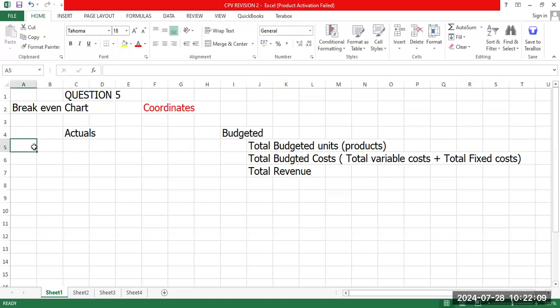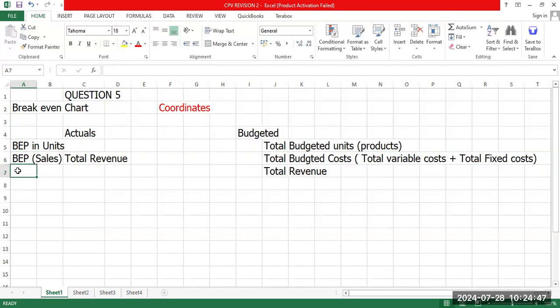Same applies this side. For actuals now, the information you're interested in is, number one, break-even point in units. Then number two, what you also need are total costs. But as you get total costs, you're basing on the break-even point in units. Here, to get total revenue or total costs, total budgeted costs or total revenue, you're basing on the budgeted units.